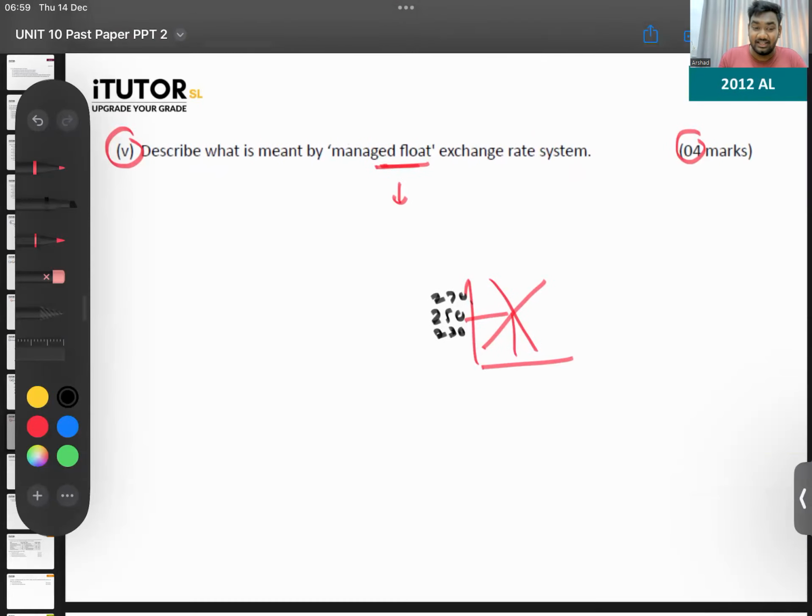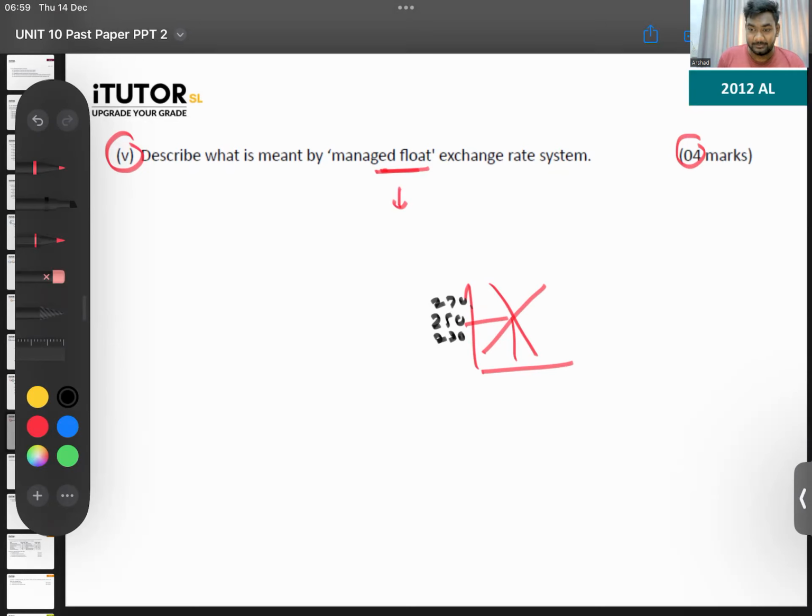Same question again, repeated, 2012. Initially determined by CBSL, not really, but you can say this: in the short term, the central bank will artificially manage it, but in the long term, due to demand and supply, it will be more like a float.